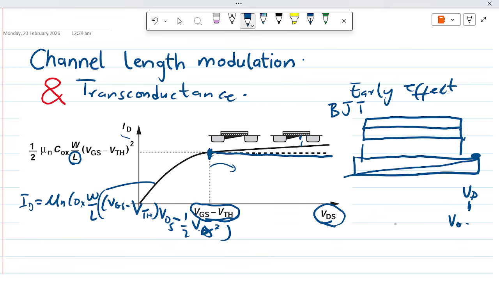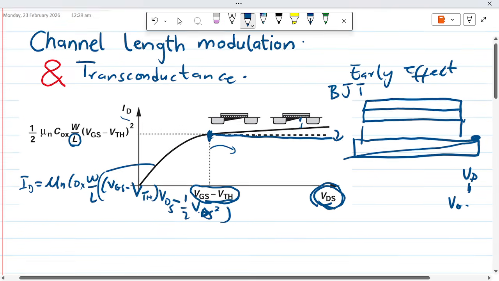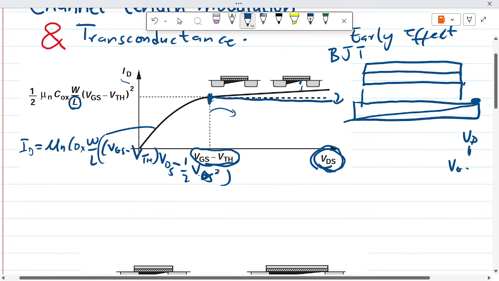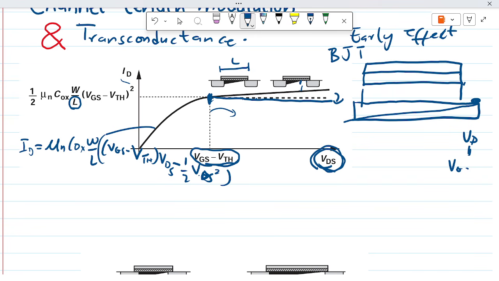So you see there is a slight dependence of the current on VDS after saturation, which is not ideal for a current source. For a current source, we need this to be as flat as possible. The only advantage we have here over the BJT is that with the MOS device, we have control over the length in our design.